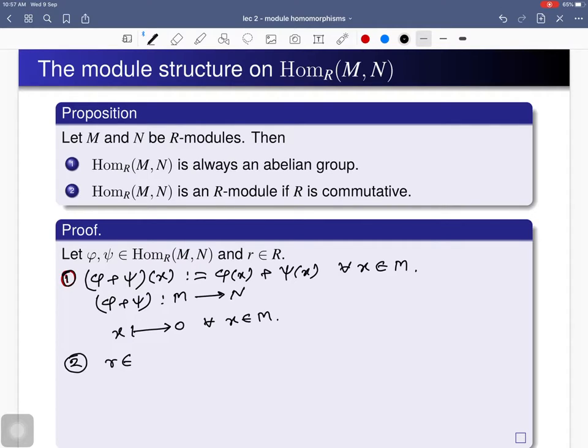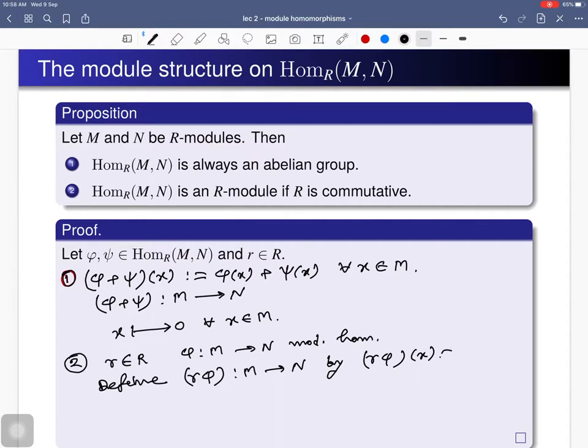You pick a scalar r from R, and phi is a module homomorphism from M to N. Then you define r times phi in this way: (r phi)(x) is just r times phi of x for all x belonging to M. So we are defining this map r times phi in this way.